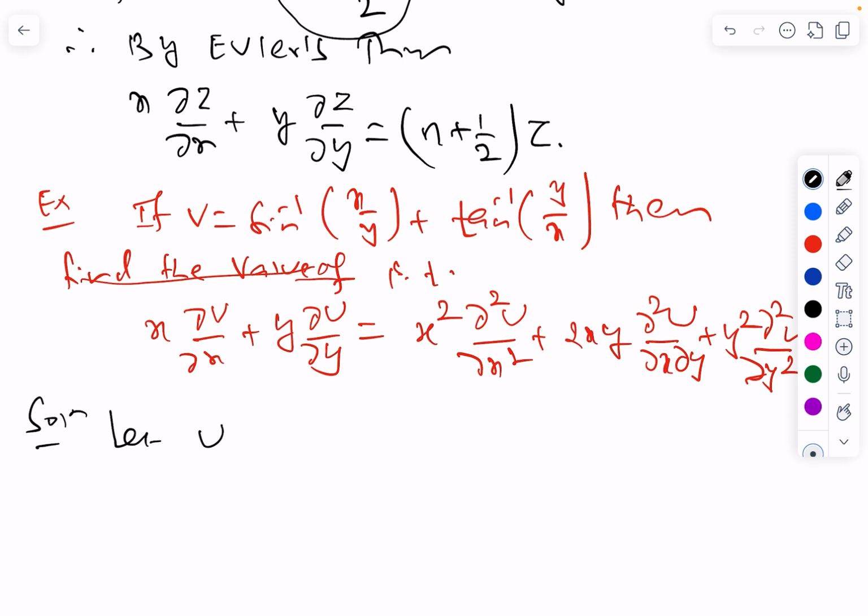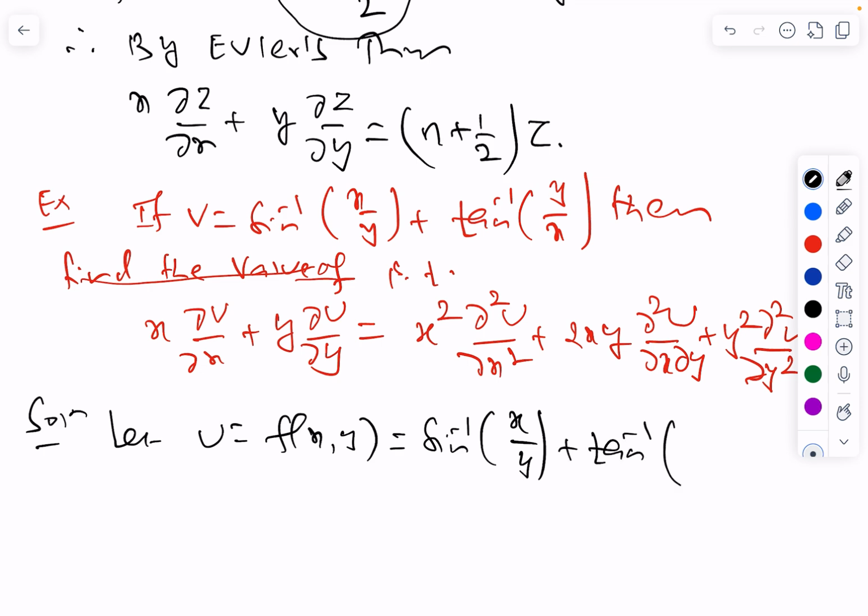So let u equal to f of x, y, equal to sine inverse of x by y plus tan inverse of y by x. Now, first let us check whether this function is homogeneous or not.